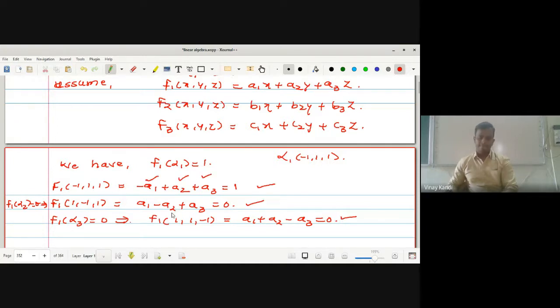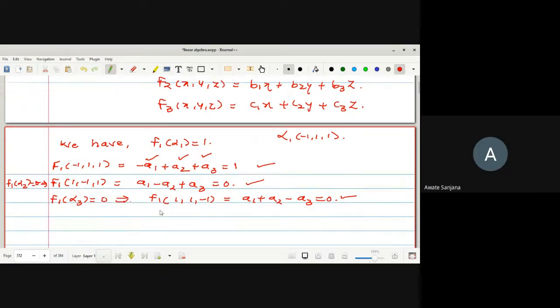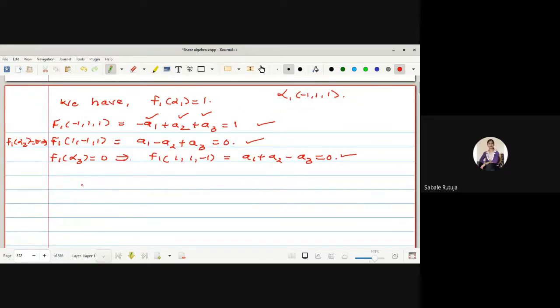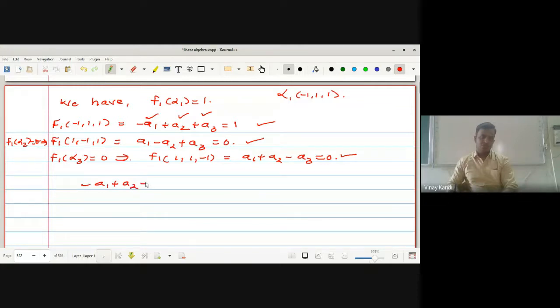Will solve. Minus a1 plus a2 plus a3 is equal to 1, this is the first equation, and the third one, a1 plus a2 minus a3 is equal to 0. What do we have to do? Add them. The a1 and a3 terms get cancelled.